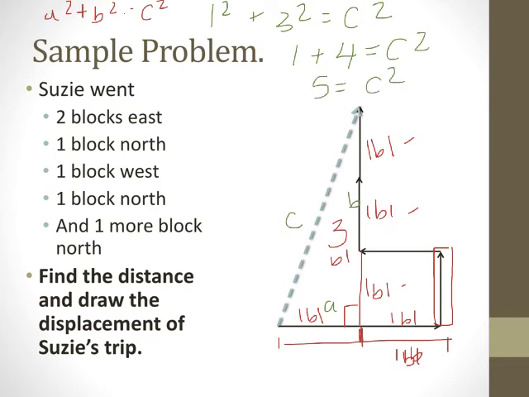Then what should we be doing next? We need to get that down to just plain c to know the length of our resultant, so we need to take the square root. C equals 2.2 blocks. Am I done?